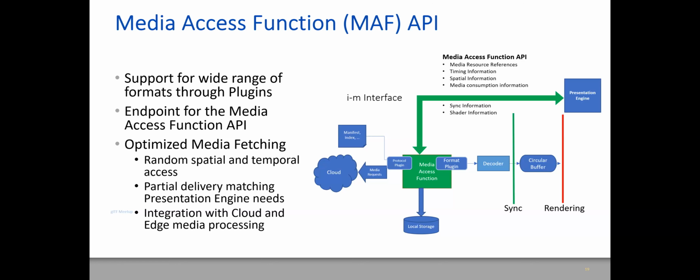Or it can adjust, for instance, the level of detail of the media that it fetches. All of that is enabled by the media access function API, which allows you to provide things like timing information, spatial information, media consumption information, and so on.